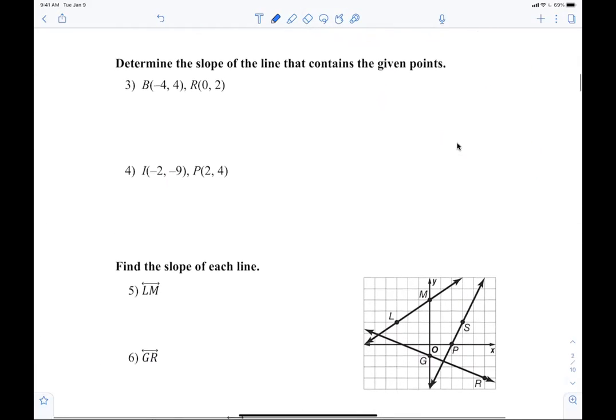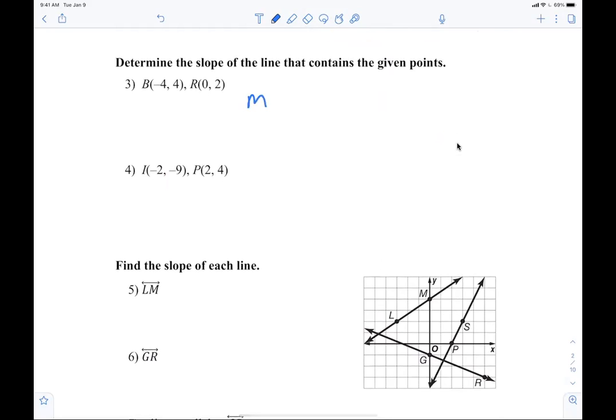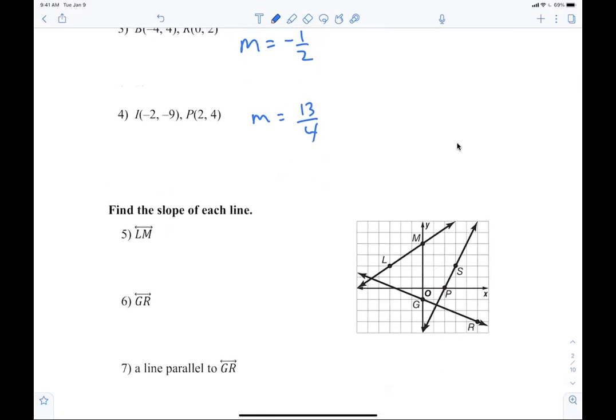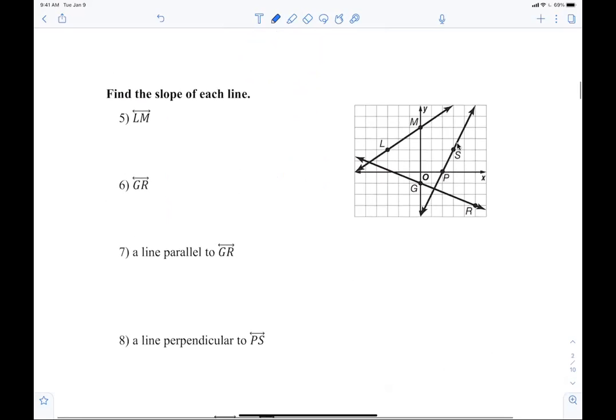Okay, guys, now this should be pretty easy. So I'm going to ask for the answers and then we can agree or disagree. So number 3, the slope was what? -1/2. And then number 4, slope is? Somebody said 13/4. Is everybody good with this? Oh, wait, no. Okay, LM.